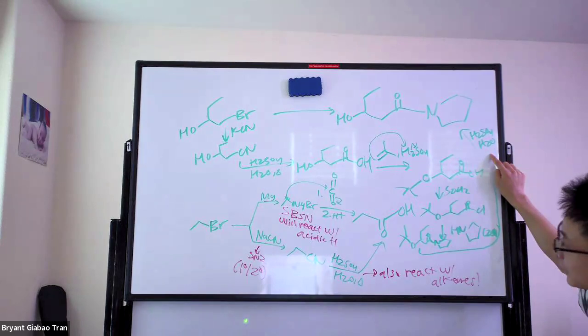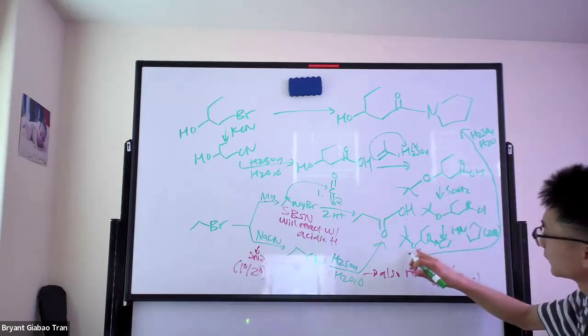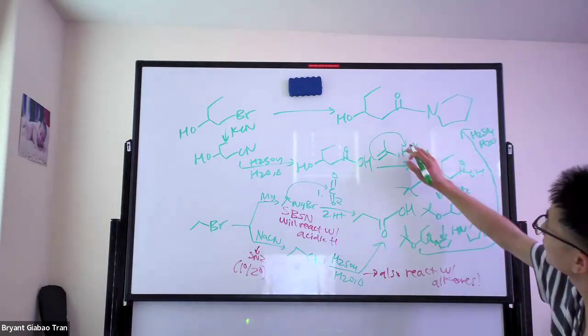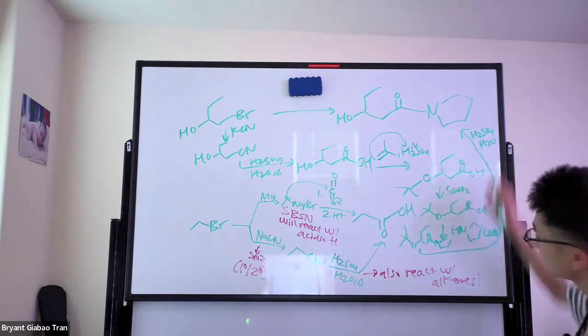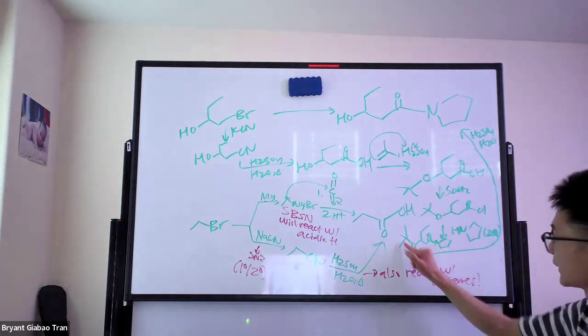If we put heat there, that's going to be a problem, because if we put heat there, what else would happen? The acid and water will deprotect the ether back into the alcohol, but if we put heat there, something else would happen as well in this material here.